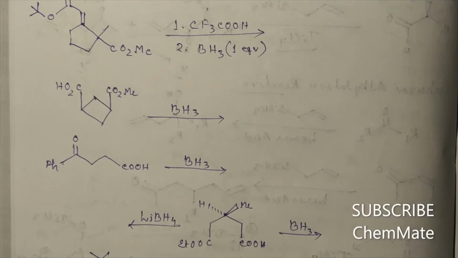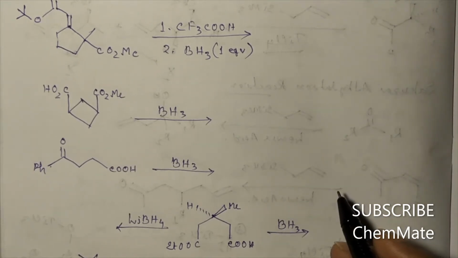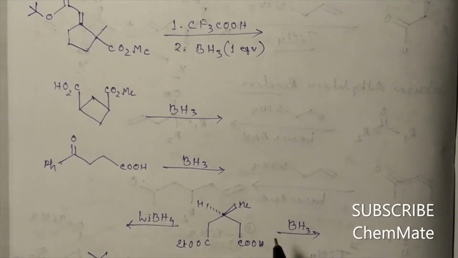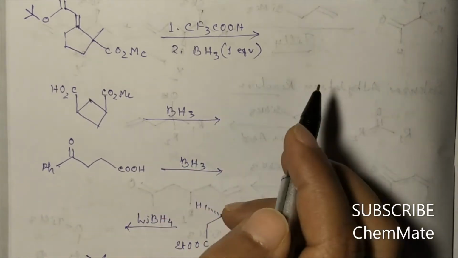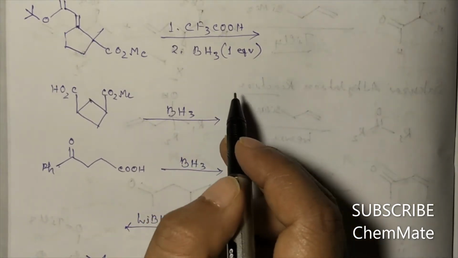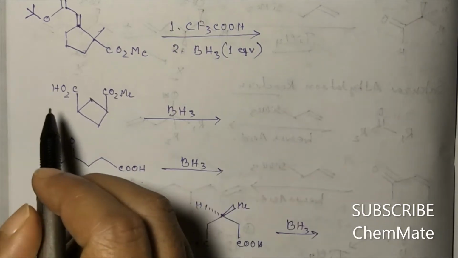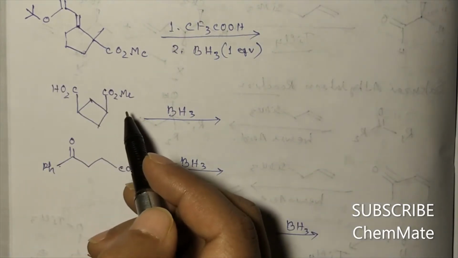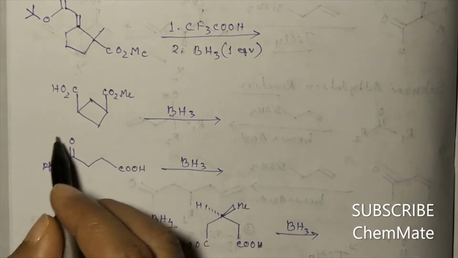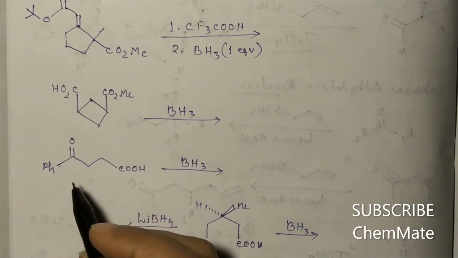Today I am here with a general topic that is called BH3 reduction. So, what is BH3 reduction? BH3 is a very weak reducing agent which selectively reduces the carboxylic acid group in presence of ester or carbonyl group like keto.